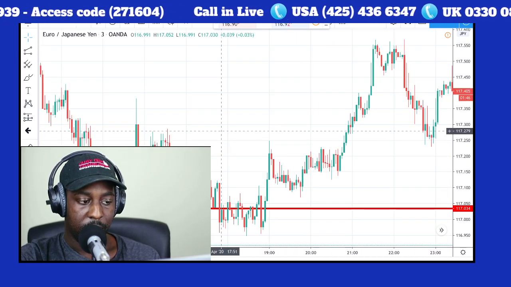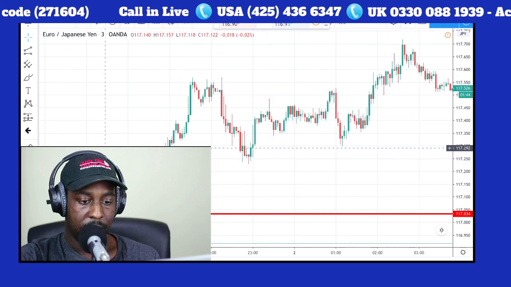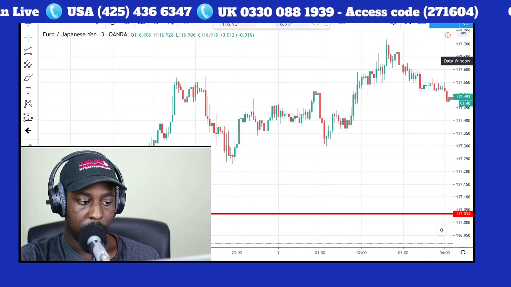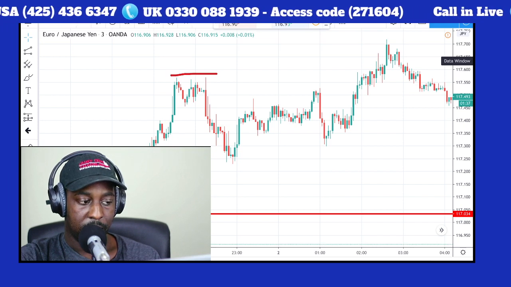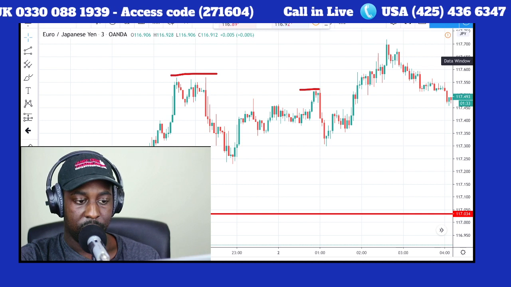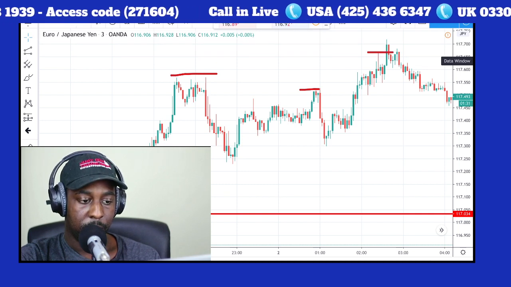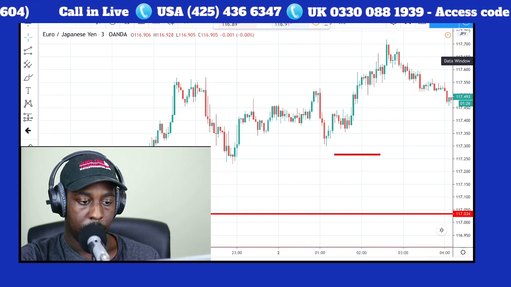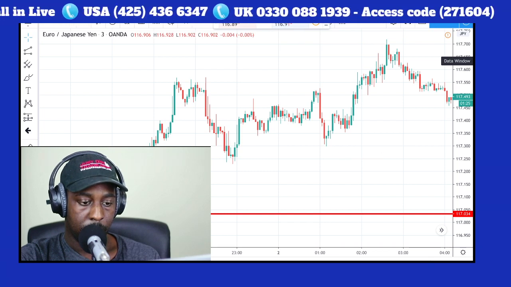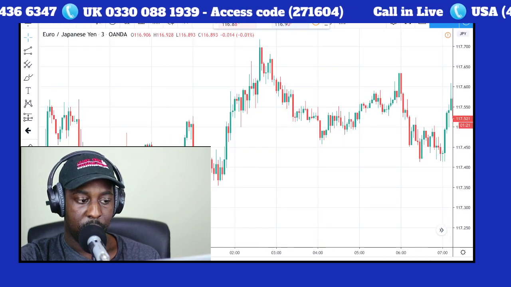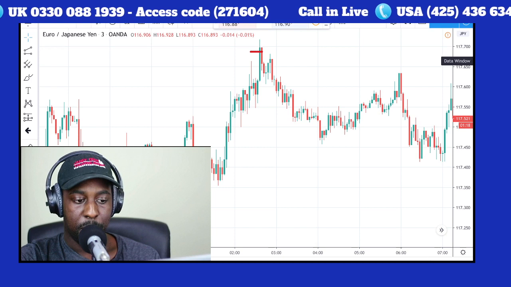Price comes up. This was the first area I highlighted, right here. Price comes back. We're looking at these areas. What's price doing? This was the final kind of move down before it came back up.